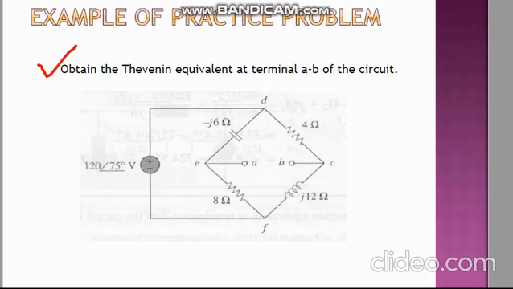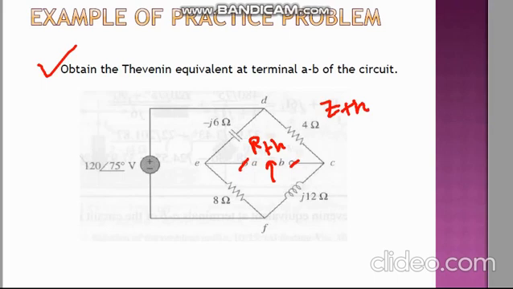If A and B terminals have been given, there is an output terminal. In this output terminal, you will find the R Thevenin or Z Thevenin, that means the equivalent resistance of the total circuit.